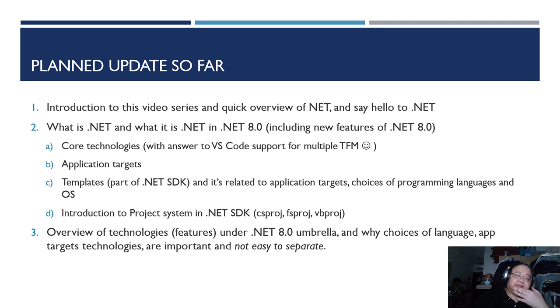So the current planned update so far is one, introduction to this video and what is .NET. We are now still in the second point, but still in the sub point of introduction of the project system. I haven't touched the newest feature of the project system in .NET 8.0 yet, but you'll see that some of the concepts are starting to appear since .NET 5.0, especially what I have already discussed with you in the previous week.